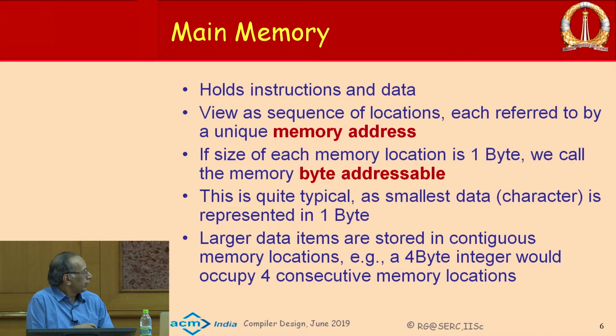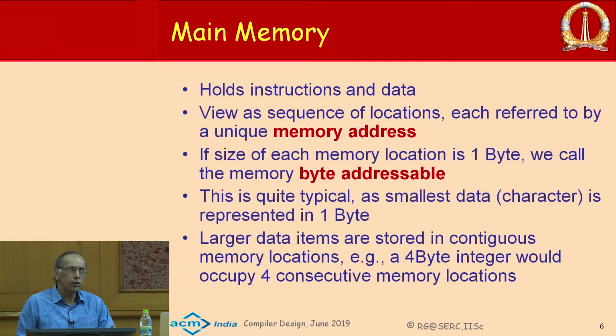So you can essentially talk about it as a sequence of locations. A sequence of 4 locations is one word, and that one word could be an integer. A sequence of 8 locations is 2 words, and those 2 words could be a double precision floating point number.